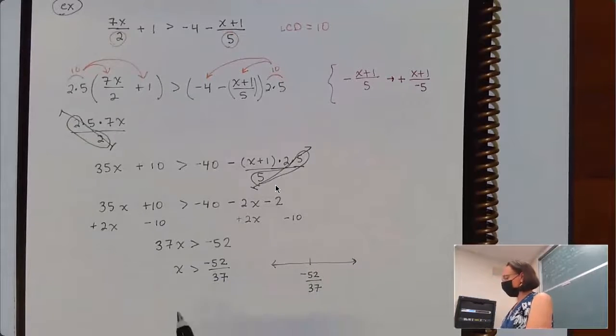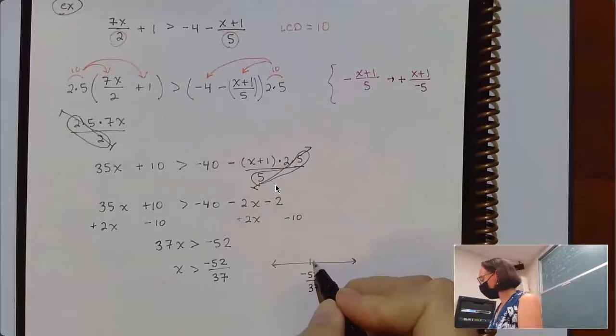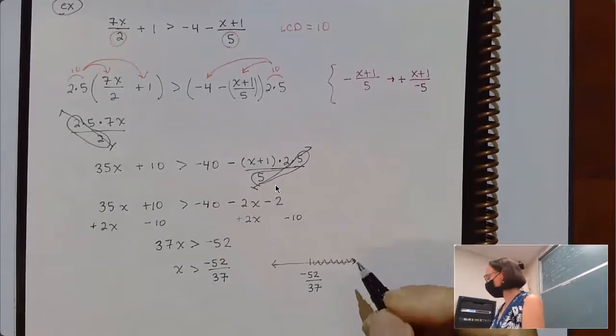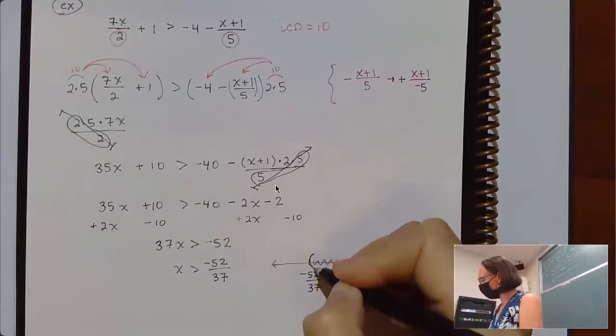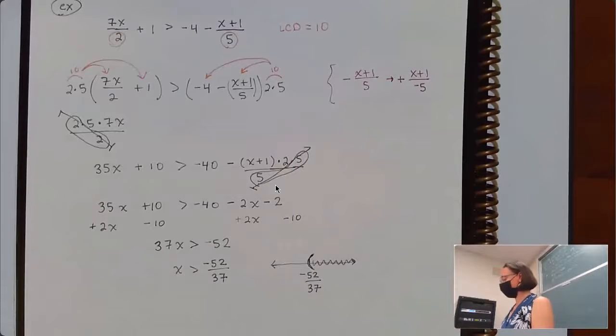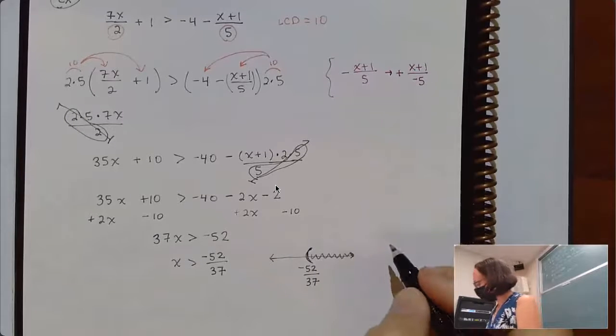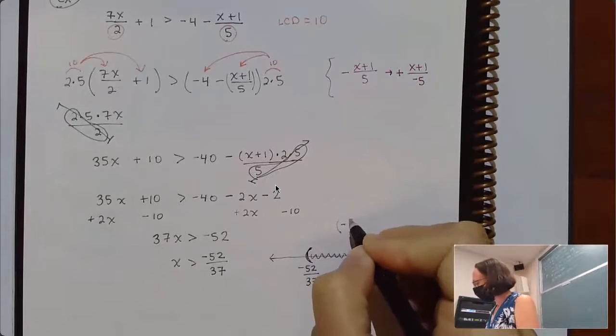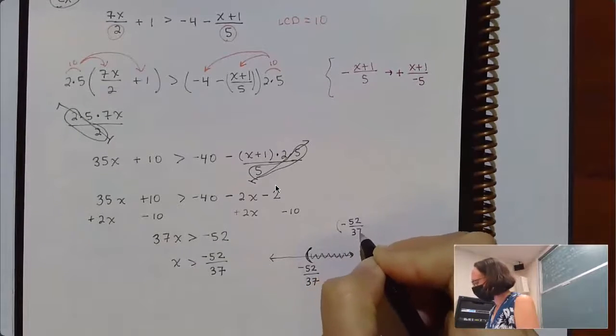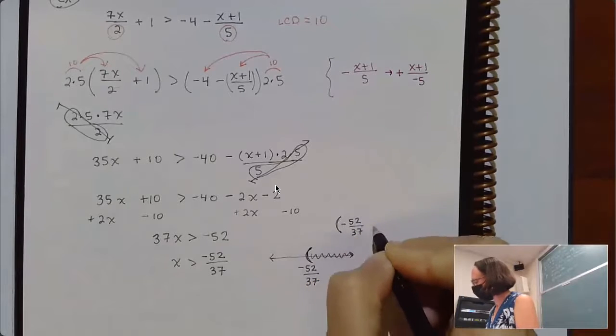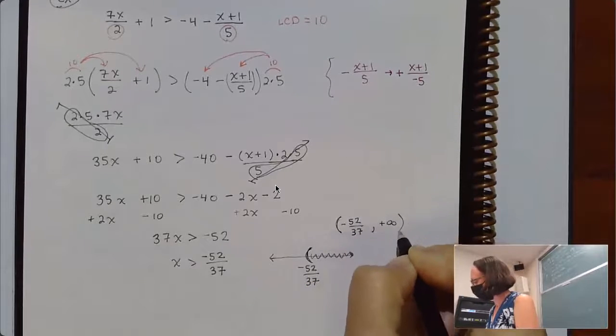If x is greater than, I know I'm on the right-hand side, then we can use parentheses or an open circle. If I were writing this in interval notation, I could say negative 52 over 37 with parentheses, comma, positive infinity.